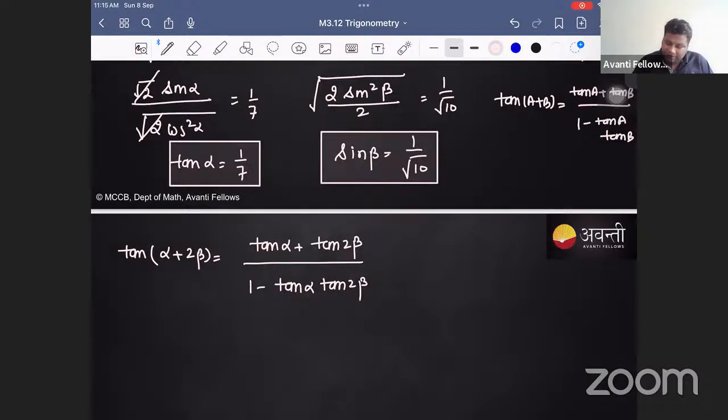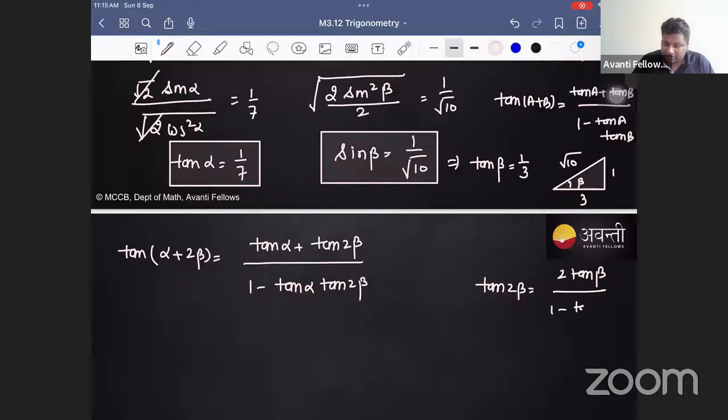Now from sine beta, I can say that tan beta equals what? Now there is a triangle. This angle is beta. Sine beta is 1 by root 10 means, say this is 1, this is root 10. So this will be 3. So the value of tan beta goes 1 by 3. So in that case, tan 2 beta is 2 tan beta upon 1 minus tan square beta.